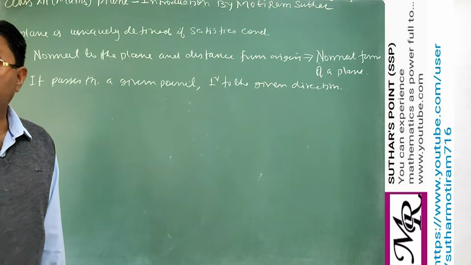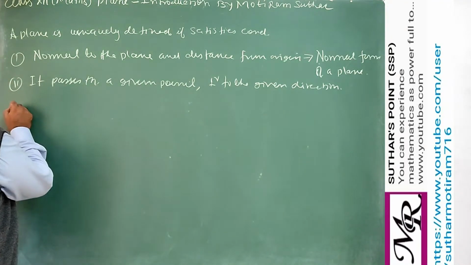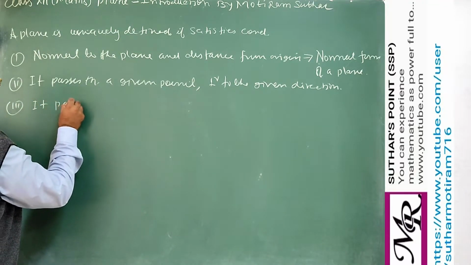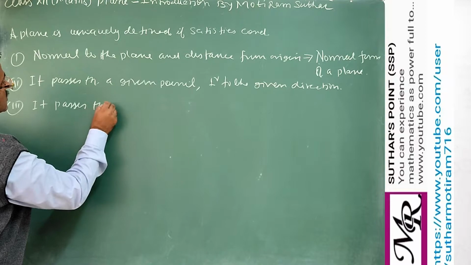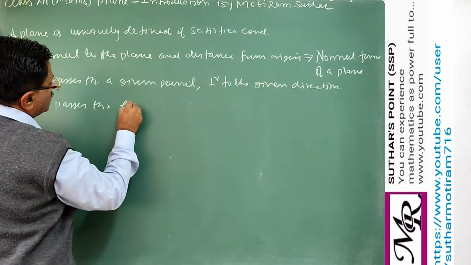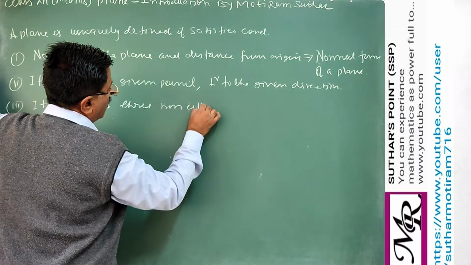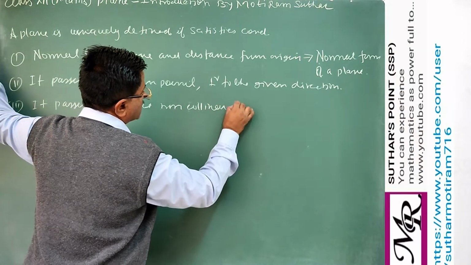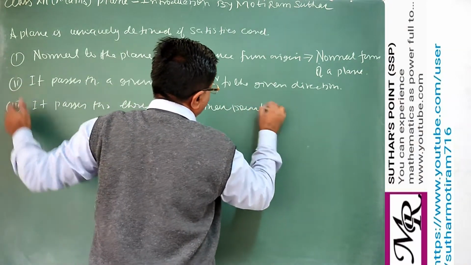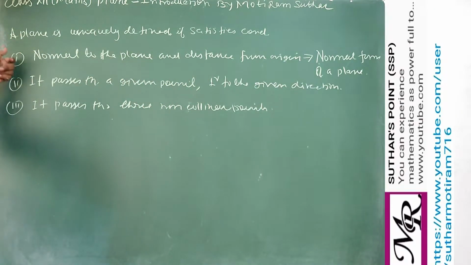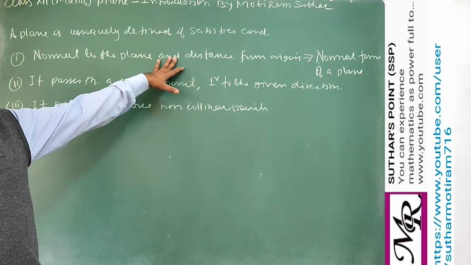Third, we are given that the plane passes through three non-collinear points. Any one of these conditions may be given, either the first, second or third. Then we can find the equation of the plane.